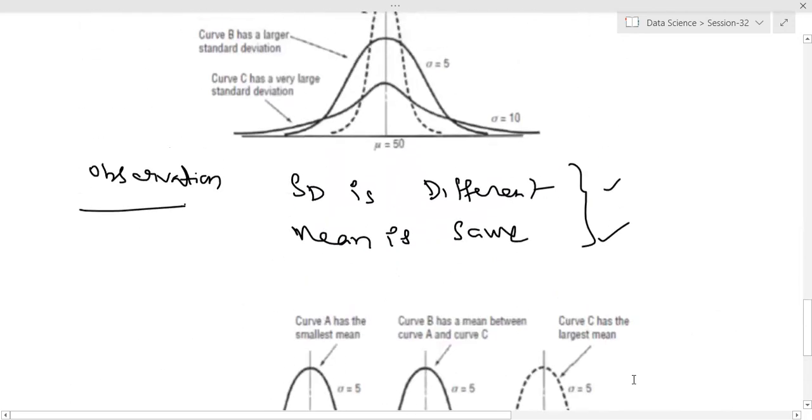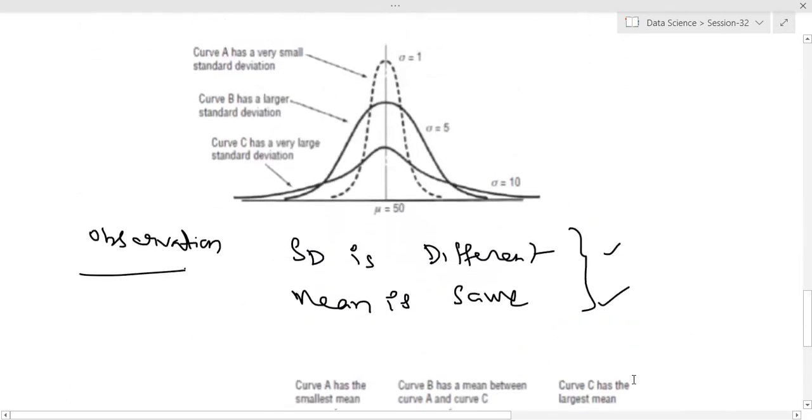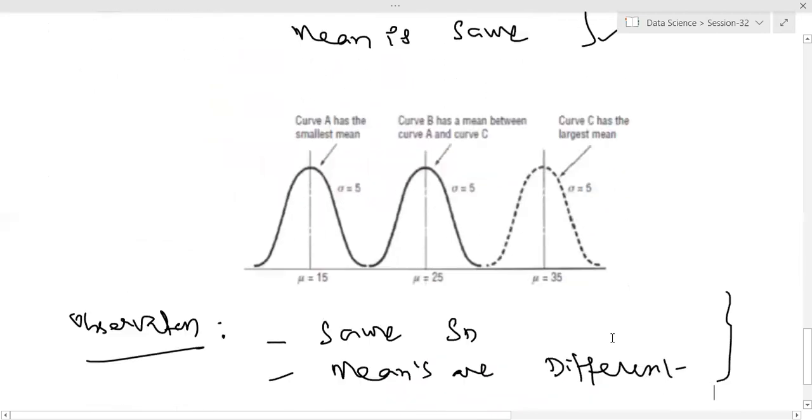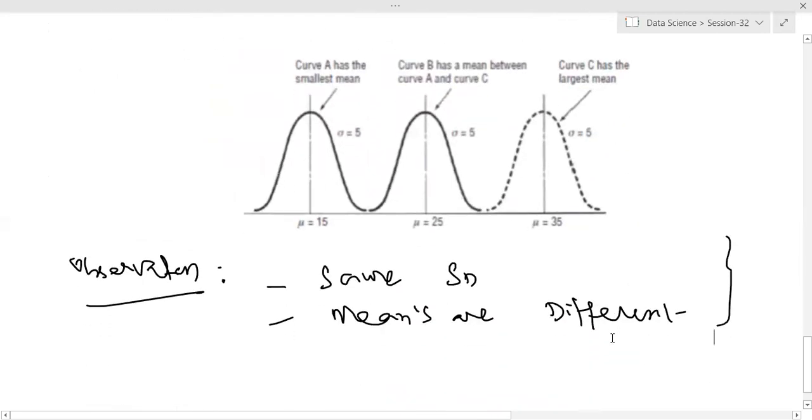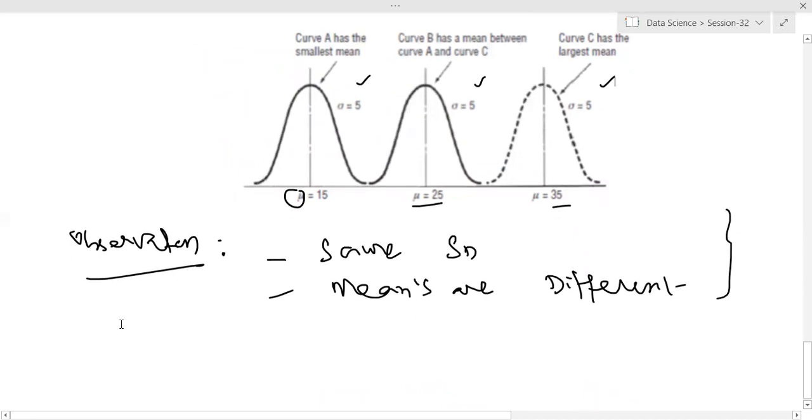That means, friends, in the first diagram, if my mean is the same but my standard deviation is different, then I get this kind of observation in the distribution. Whereas here we have different mean values, 15, 25, and 35, and the same standard deviation runs through all these different means. This is how the diagram looks.